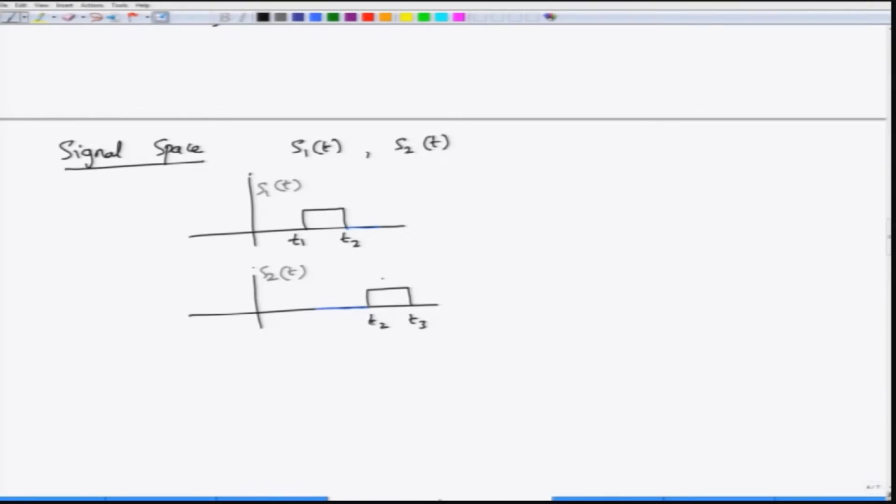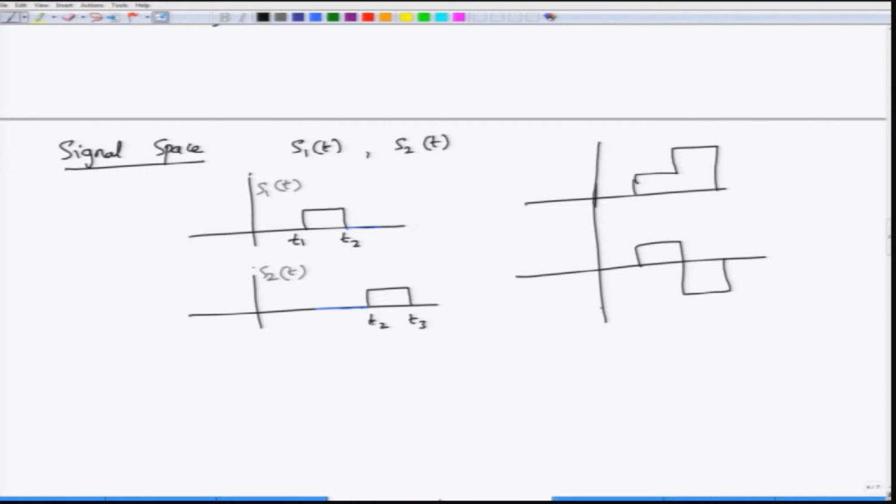So, you consider two signals S1 of t and S2 of t of this particular fashion, and then I can add them to form these signals. I can add them to form this signal, I can also add them to form this signal. So, these are all different signals S3 of t, S4 of t and S5 of t, which I have obtained by simply adding S1 of t and S2 of t.